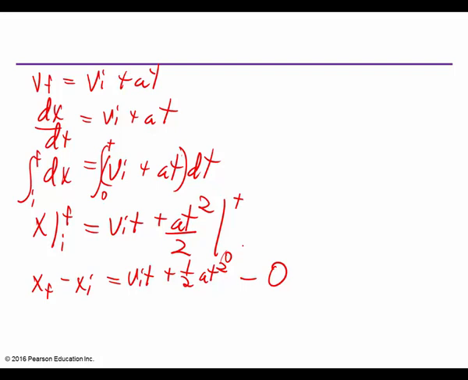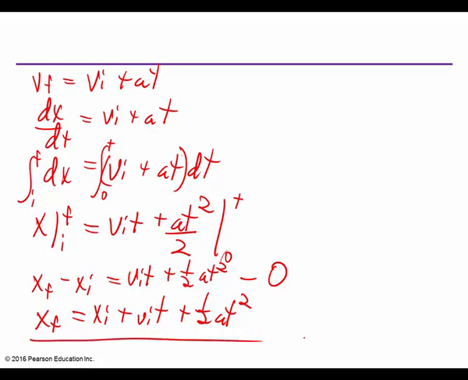Look at what we come up with: X final is equal to, adding xi to both sides, x initial plus Vi t plus 1/2 at squared. There's that kinematic from integration. Hope this is making sense. Now let's do one more.